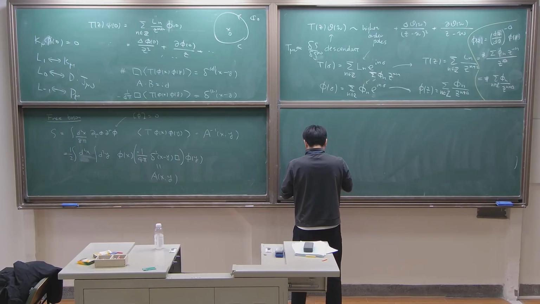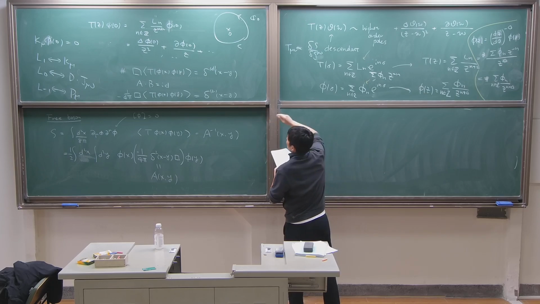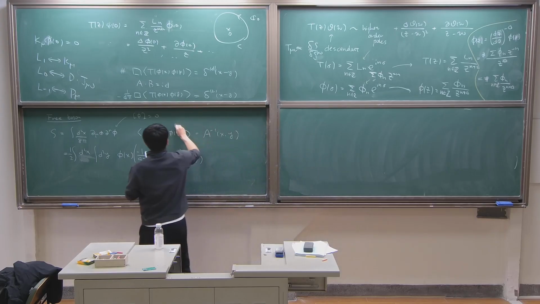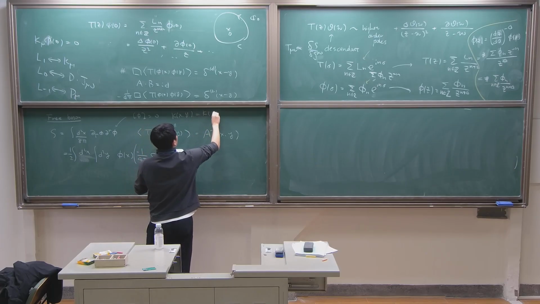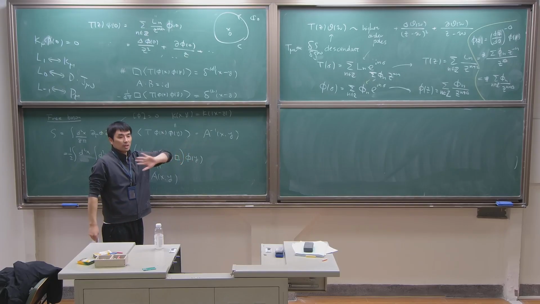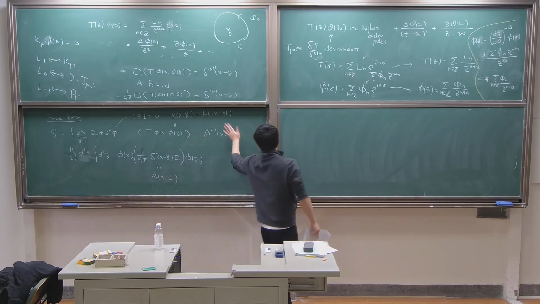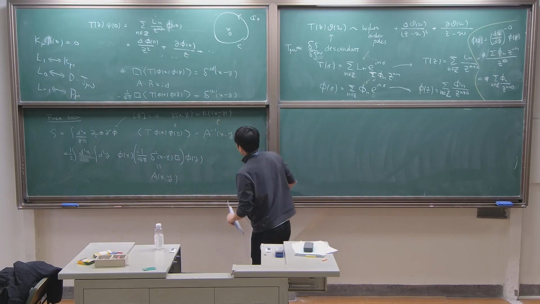If you consider K, so this propagator, let's say this is K of x, y, then this should only depend on K of rho, the distance between x and y. As I mentioned, for the 2-point function, if you consider translation invariance and rotation invariance and so on, it should only depend on the distance between these two.